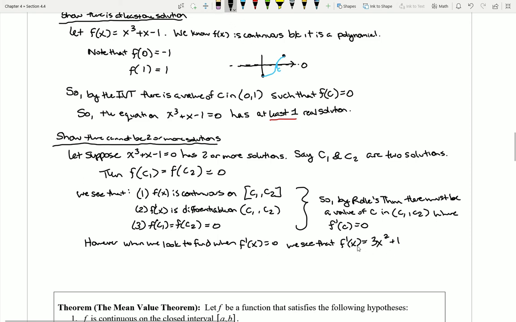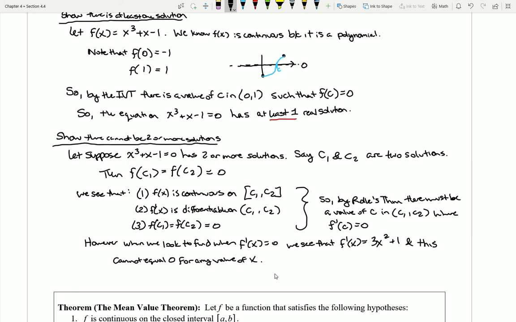We see that what I have here, 3x squared plus 1, is there any value of x I could ever plug in here that would make this equal to 0? Notice that's actually impossible. So we could say this cannot equal 0 for any value of x.